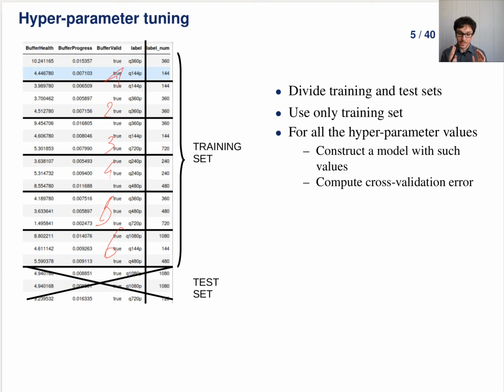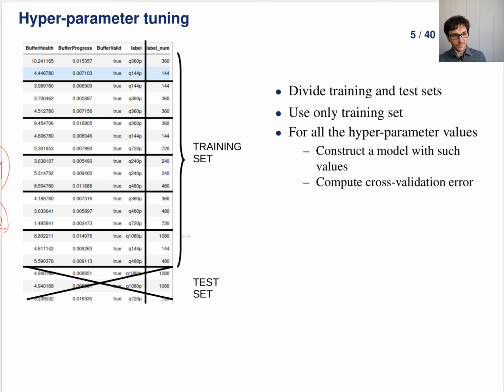We repeat this process for all the values of polynomial degree p. So at the end we will have an average error, a cross-validation error, for the polynomial degree p equal to 1, an error for the polynomial degree equal to 2, etc. And each error is a cross-validation error.